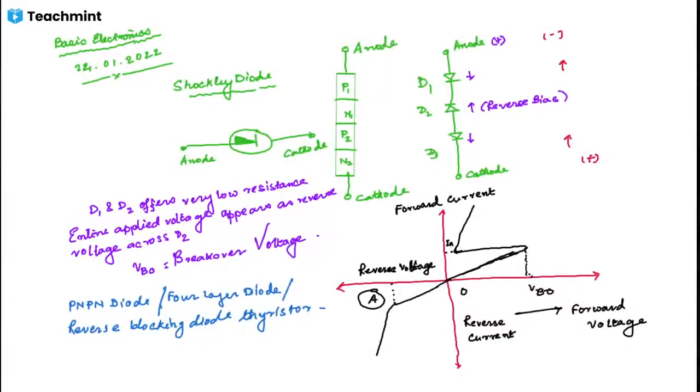Thyristor. Once the Shockley diode is turned on, that is, it starts conducting, the only way to turn it off is by reducing the applied voltage to such a value that the current flowing through the Shockley diode drops below its holding point. Holding current is denoted by IH. This is the holding current.